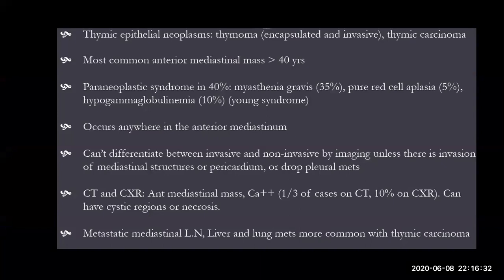Thymoma is associated with myasthenia gravis about 40%, red cell aplasia 5%, and hypogammaglobulinemia 10%. You should have better clinical knowledge than me.